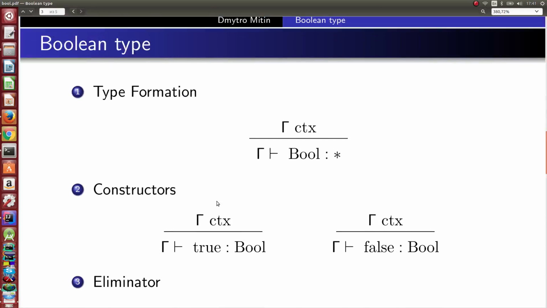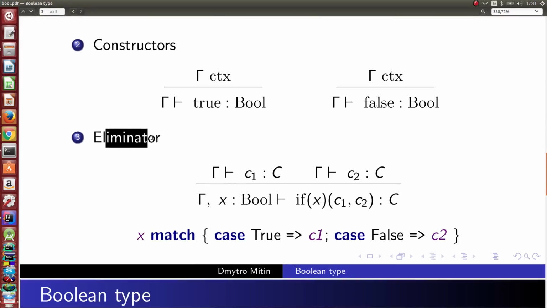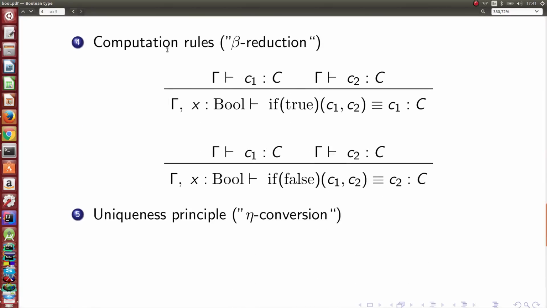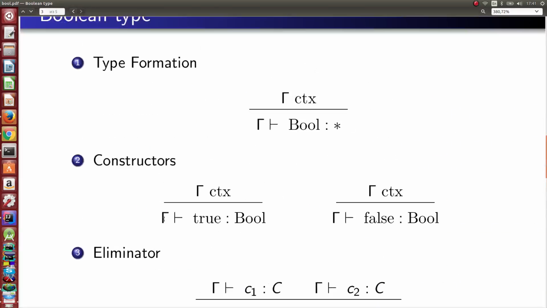Okay, so to define Boolean type in type theory, as usual we can specify type formation rule, constructor rule, eliminator rule, computation rules, and uniqueness principle.